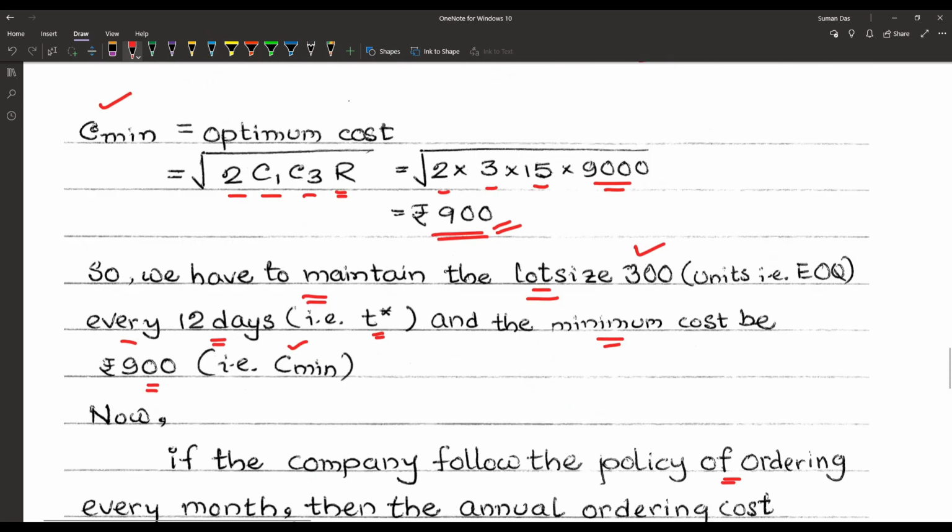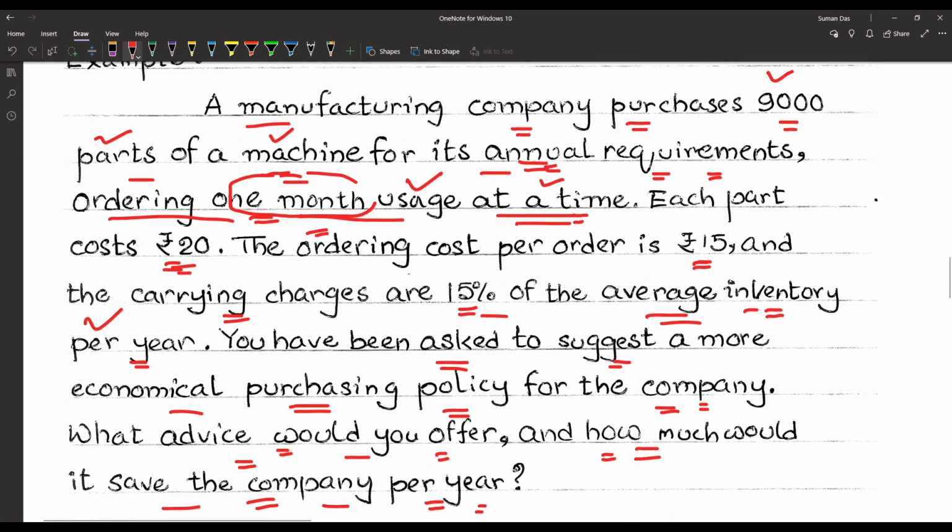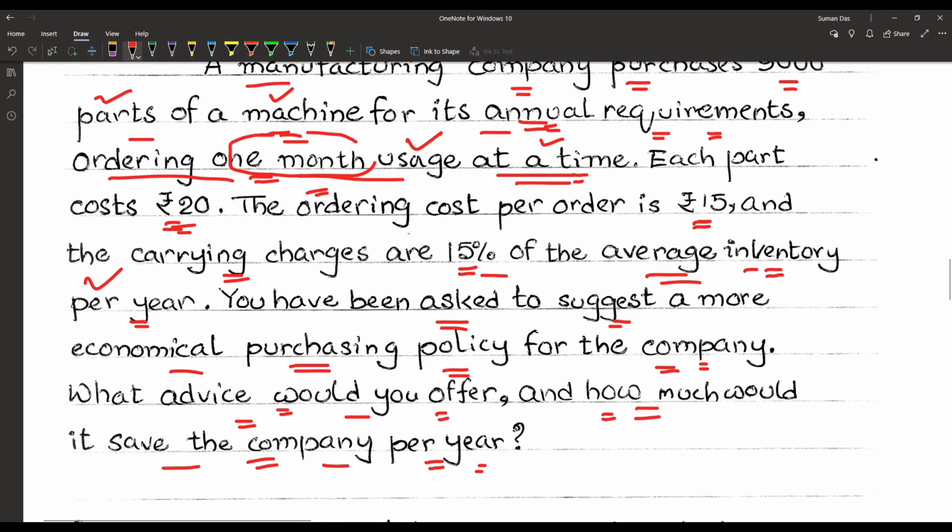Once again, if we check the problem, you may check here that the ordering cost per order is rupees 15 and the carrying charges are 15% of the average inventory per year, and the annual requirement is 9000, so each part costs rupees 30.